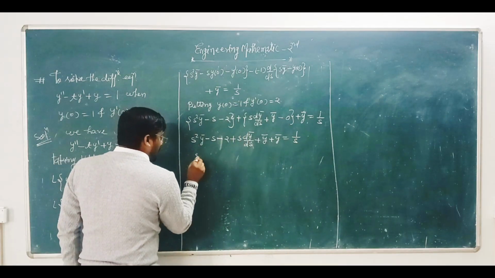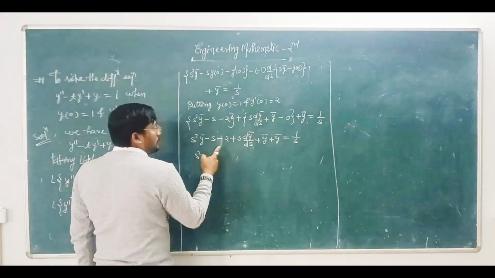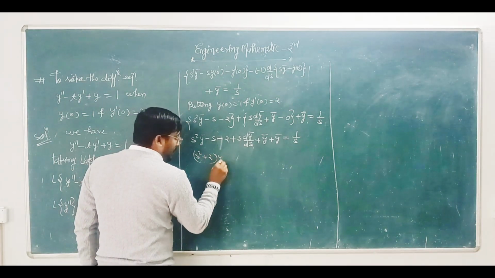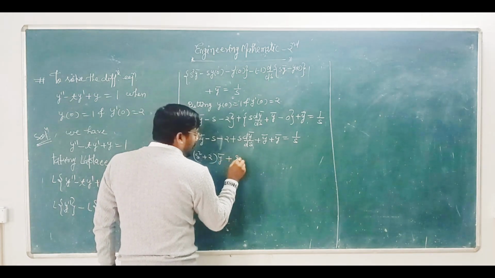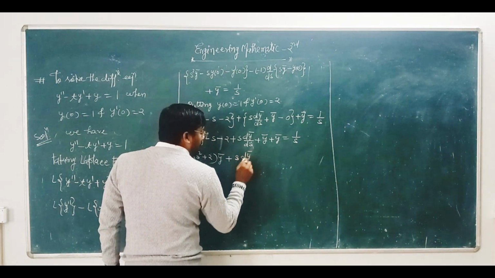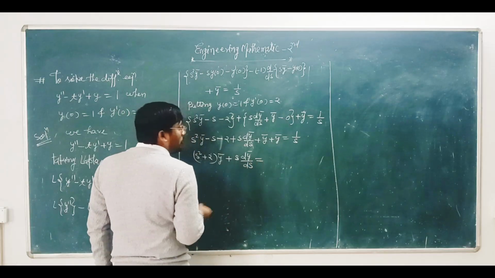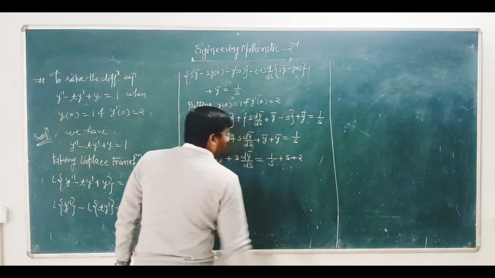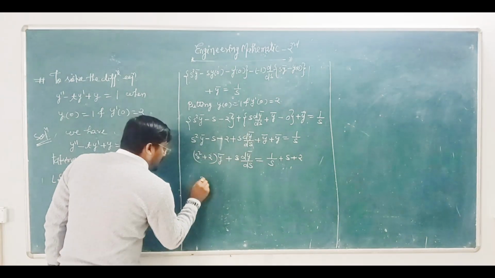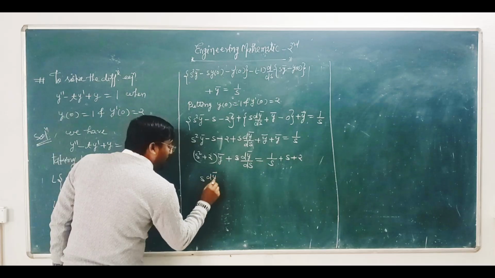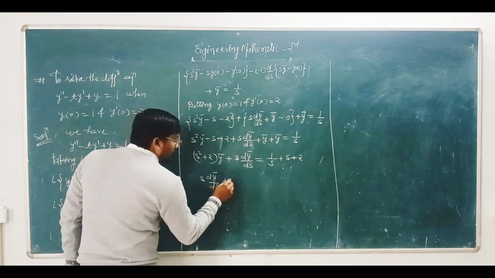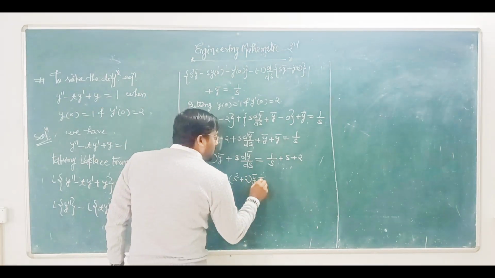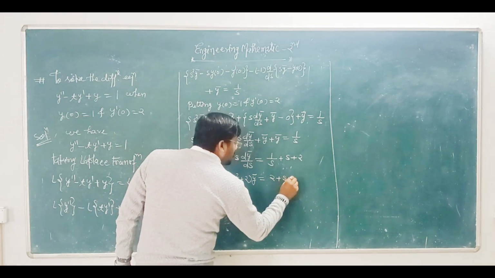Now you can write s square plus 2 y bar plus s dy bar upon ds is equal to 1 by s plus s plus 2. Now again s dy bar by ds plus s square plus 2 y bar is equal to 2 plus s plus 1 by s.